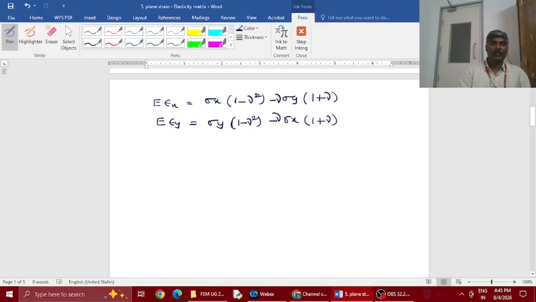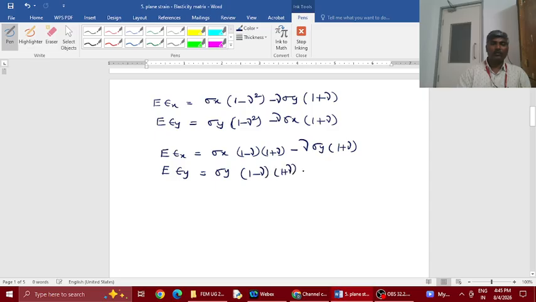It's like a square minus b square, so that can be written as a plus b into a minus b. So E epsilon x equals sigma x into 1 minus nu, 1 plus nu, which I am expanding like this. Sigma y is already there. Same way for y also, 1 minus nu and 1 plus nu, sigma x, 1 plus nu.